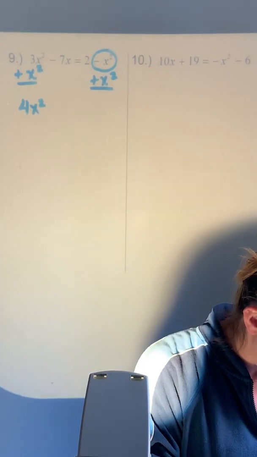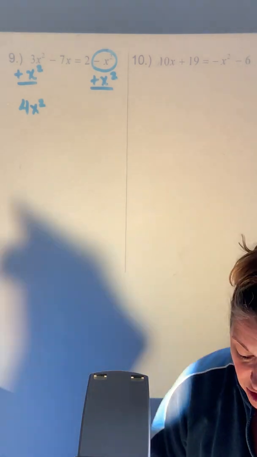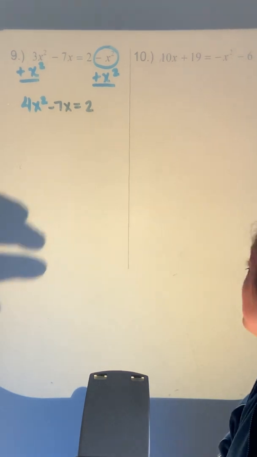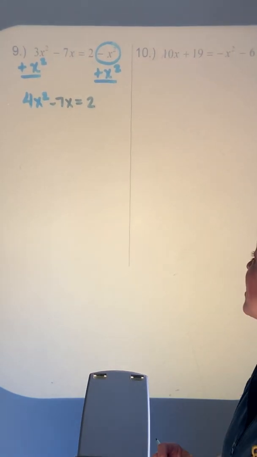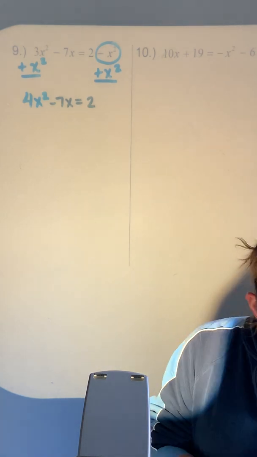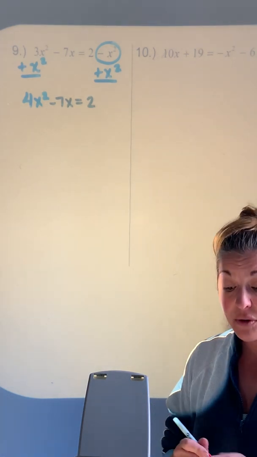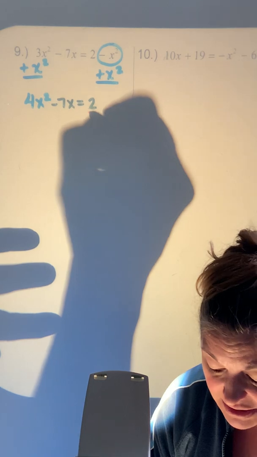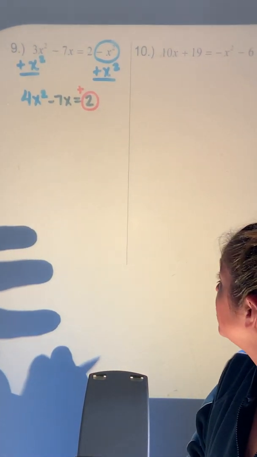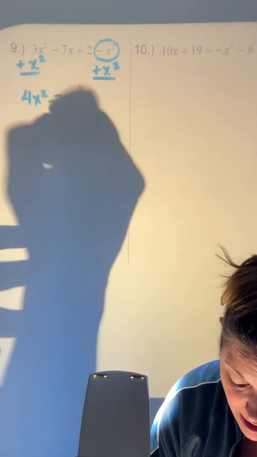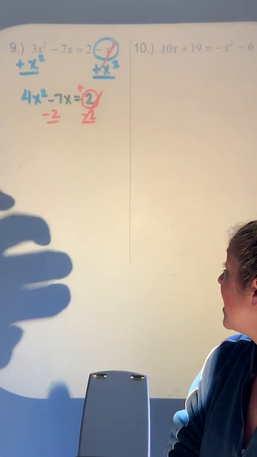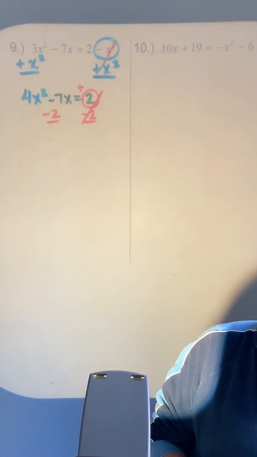Now I'm just going to rewrite the rest of the problem as it stands, just so we can kind of wrap our mind around what it looks like. So far we combined the x squares, and we're at 4x squared minus 7x equals 2. At this point, we still have one more thing to move over, and that's going to be this 2. Now this 2 is technically positive, so to move him over, we'll have to subtract him. Now notice that he does not have a friend.